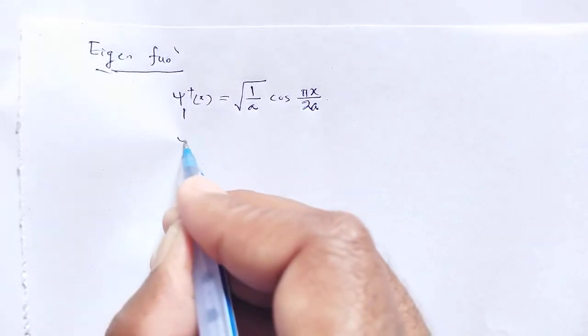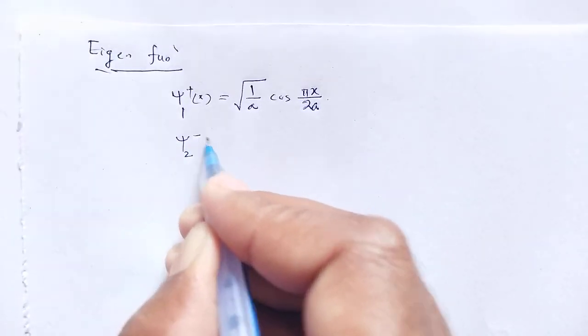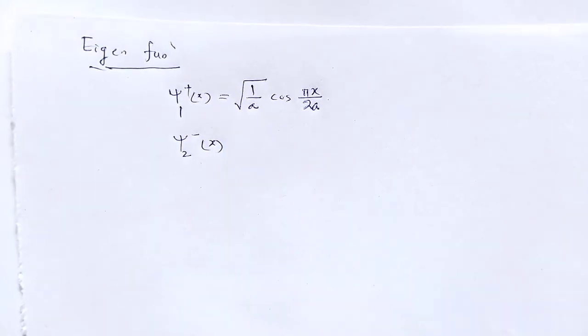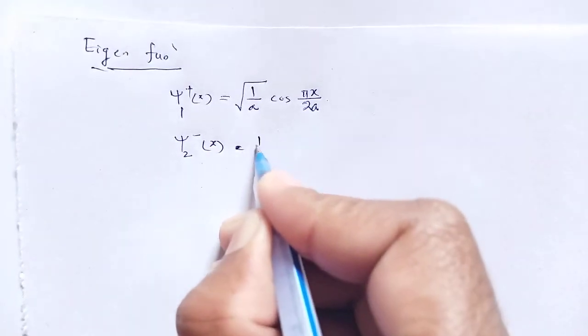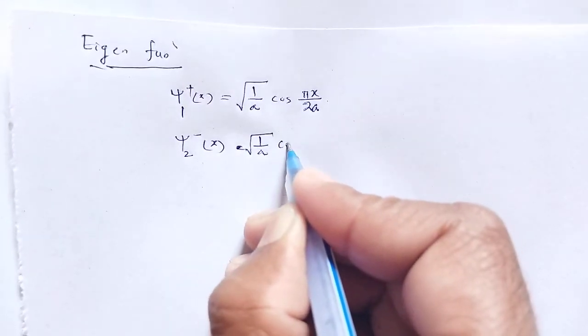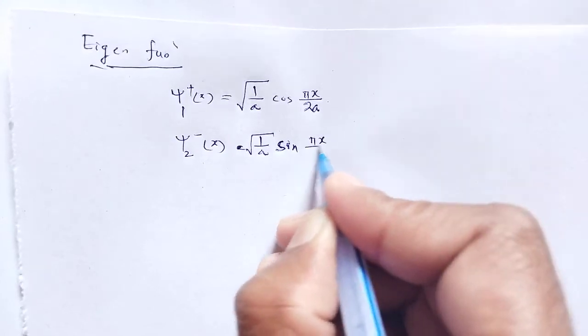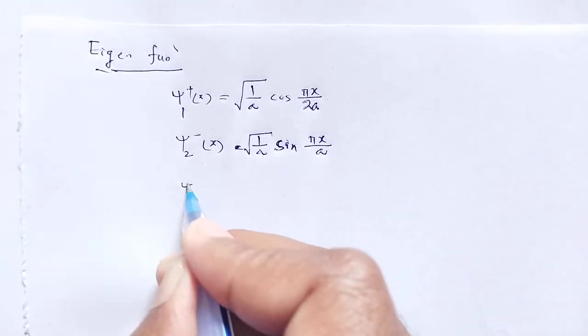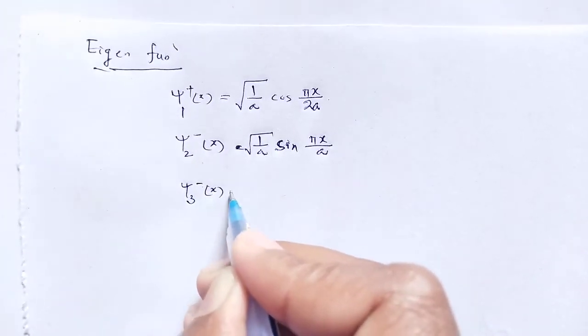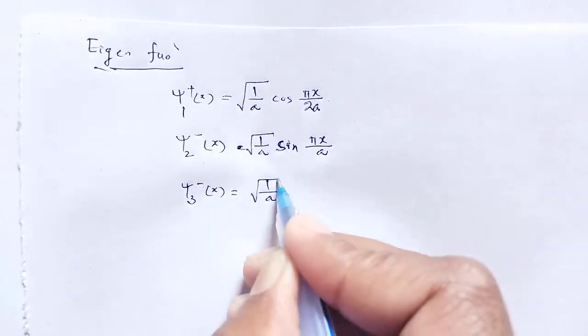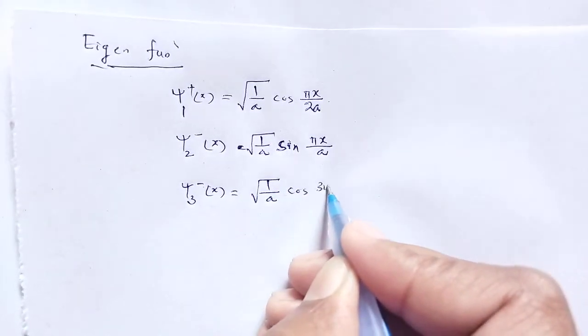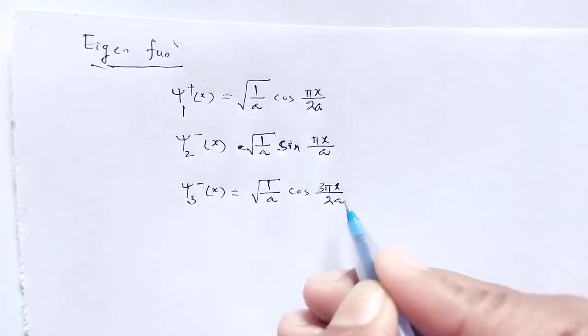When n is equal to 2, psi 2 minus x is 1 by square root of a sin pi x by a, and psi 3 plus x is 1 by square root of a cos 3 pi x by 2a.